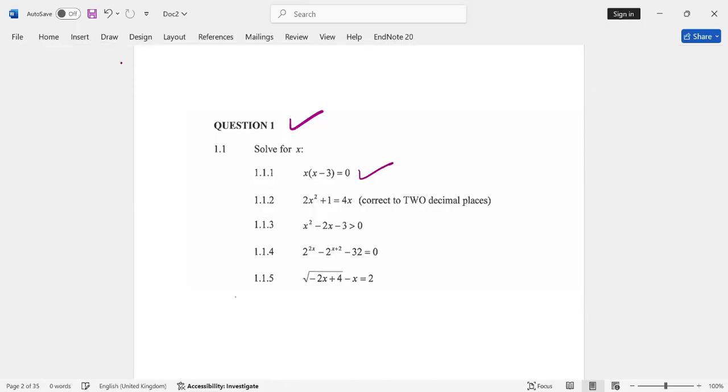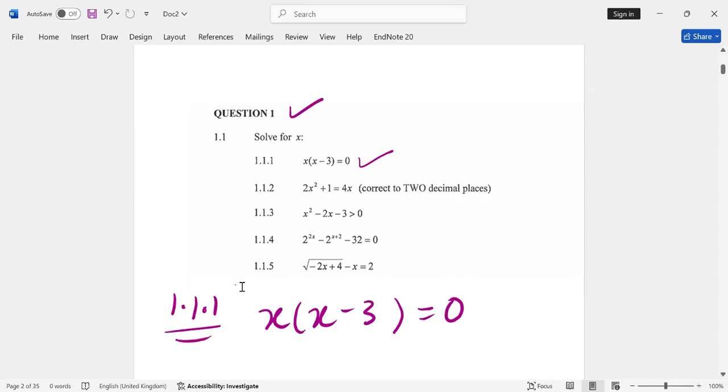I'm solving this question. First of all, we have now 1.1, all right? x into x minus 3 equals to 0. So this is a simple quadratic equation already factored, and we just need to find out the value of x from there.